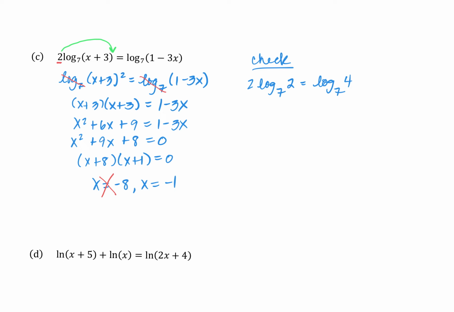Okay, so are these the same? Well, we can take the 2 in front of the log and bring it up as the exponent on the 2 in the argument. So that would be log base 7 of 2 squared, which would be log base 7 of 4. That checks out. And x equal to negative 1 would be my only solution.